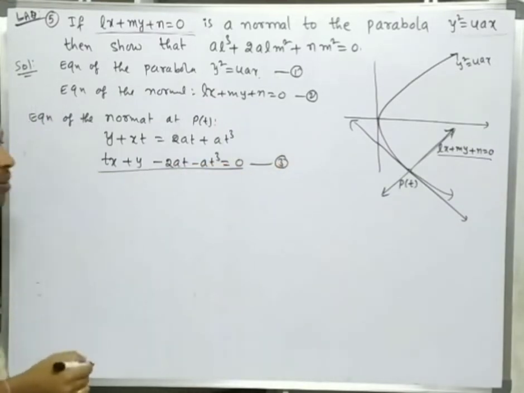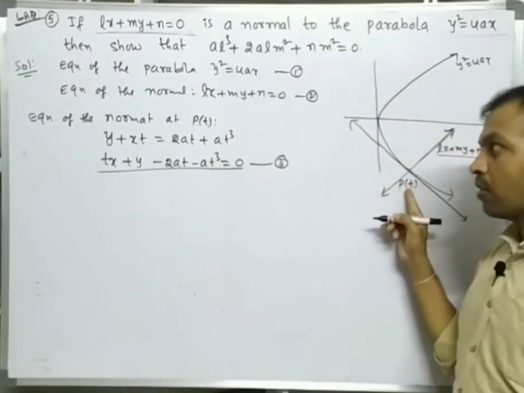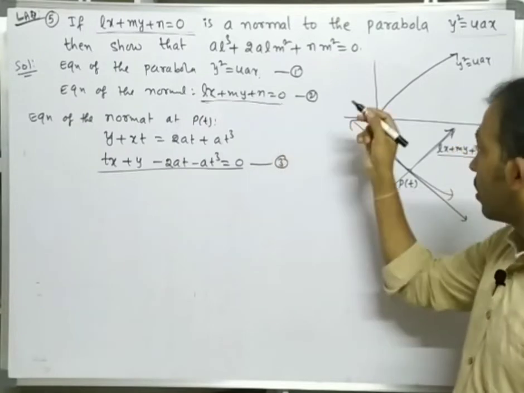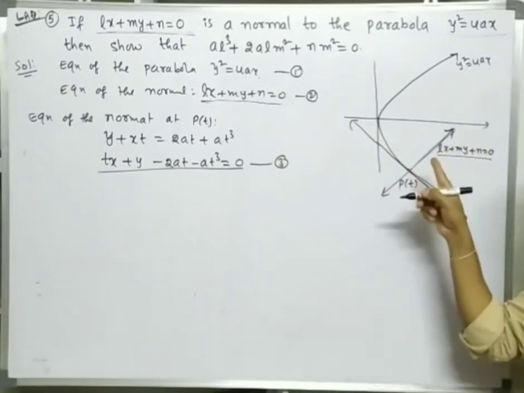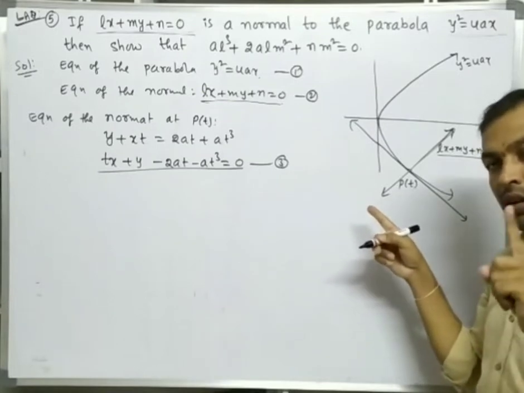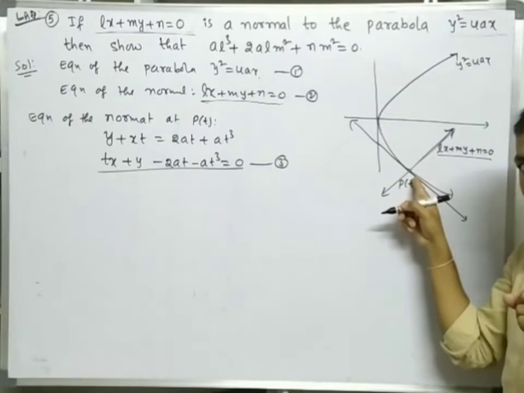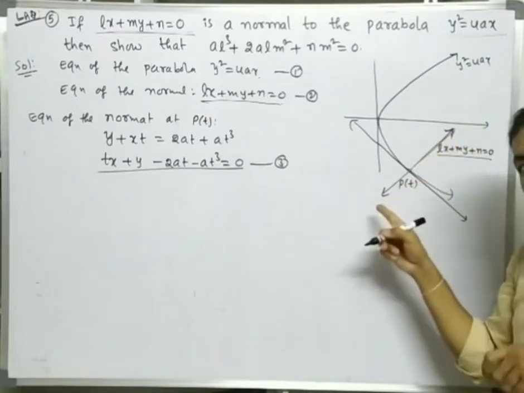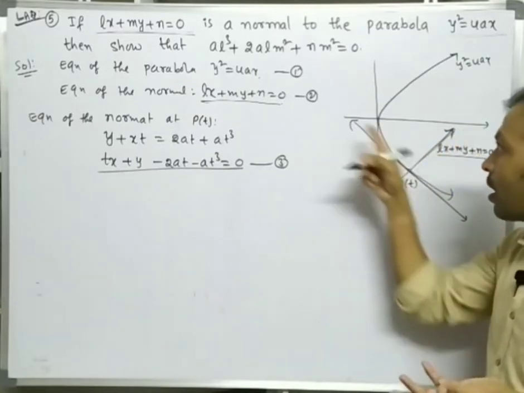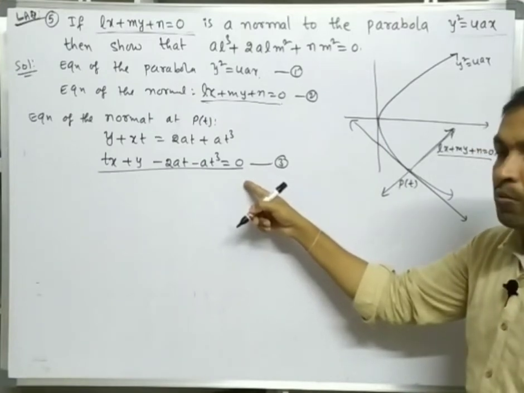What is this equation? Equation of the normal. Where? At point t. That is also a normal line at point t. That means these two are normal lines to the parabola y square is equal to 4ax at the same point. That means both are normal lines, the same line. These two represent the same line.